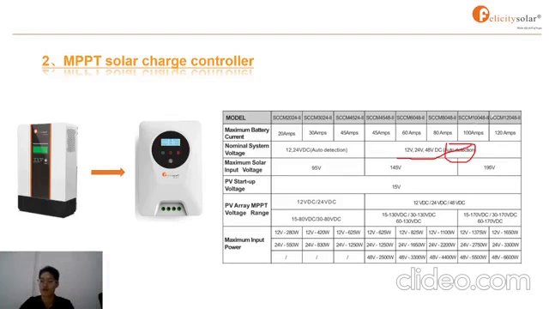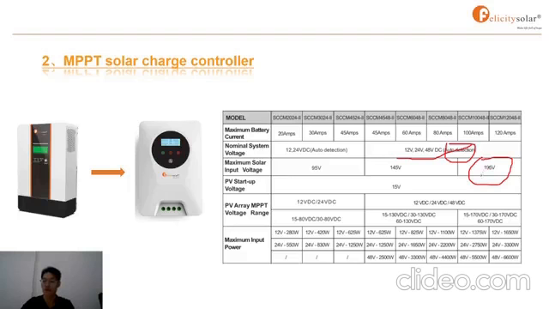For the SCCM 148, the maximum solar input voltage is 195 voltage. So generally, if you connect the 450 watt power panels, the voltage of this kind of panel is no less than 50 voltage.